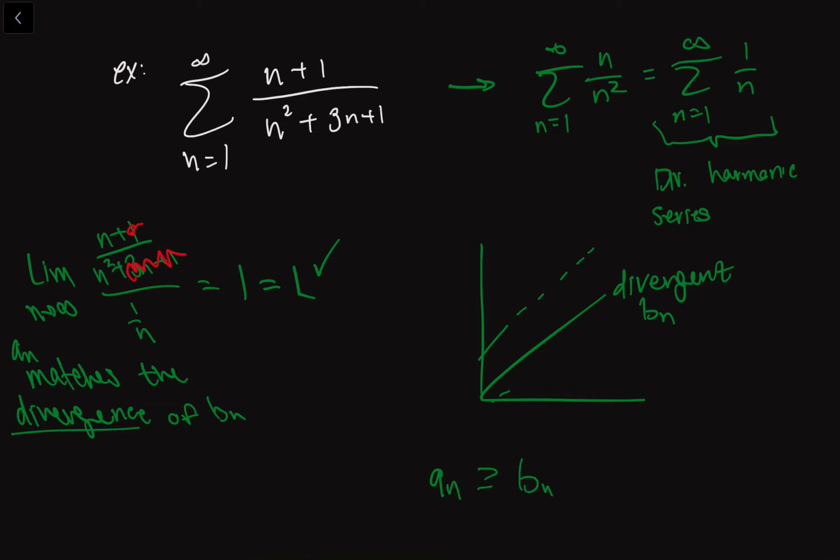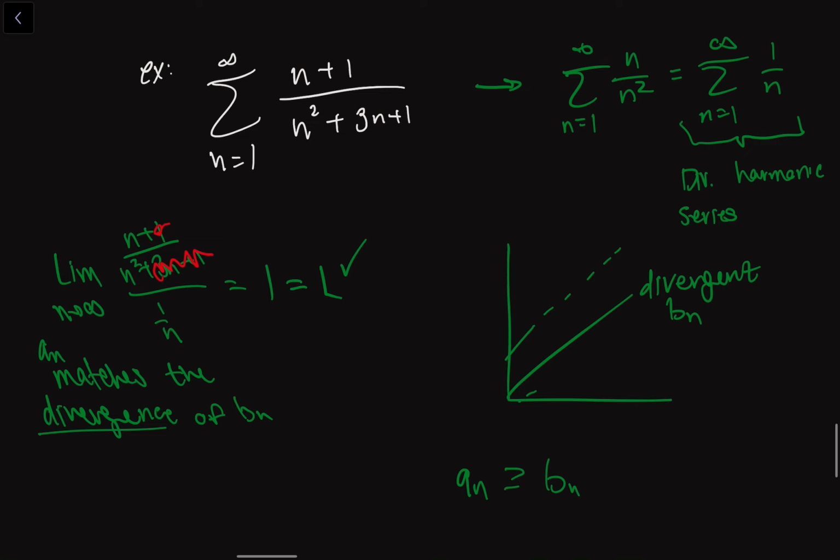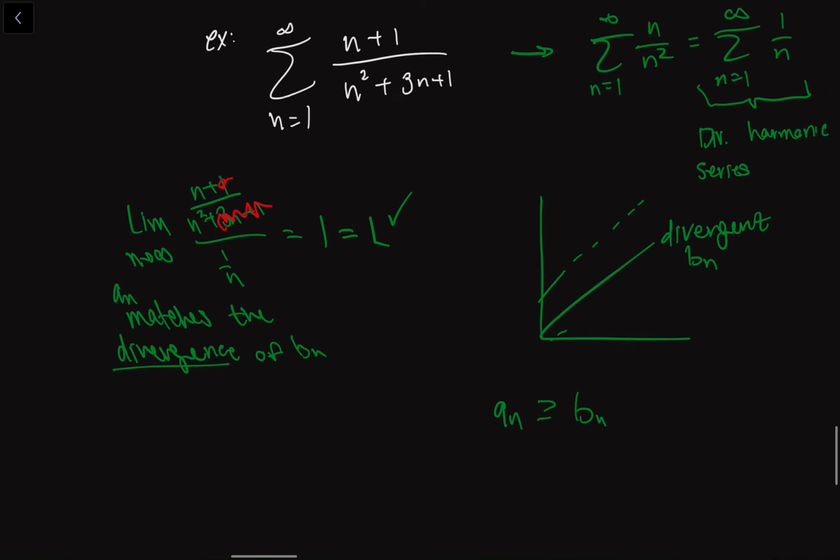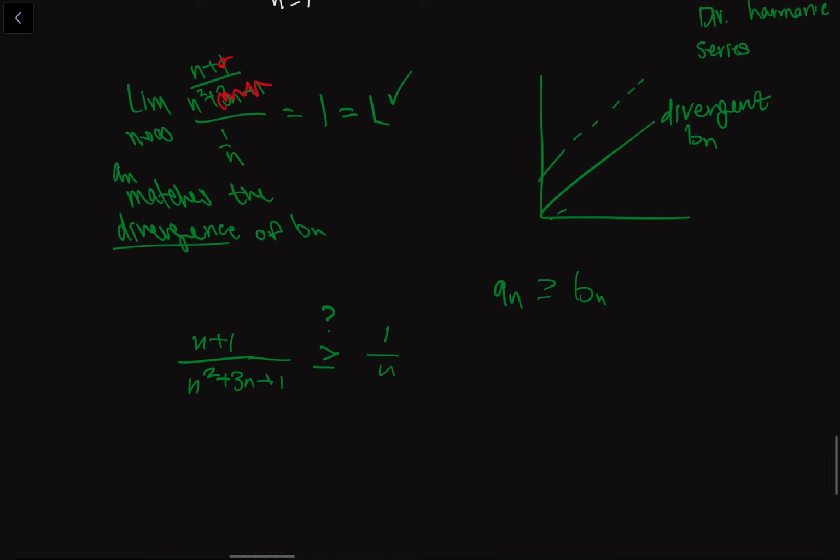Is it? There's a few ways to do this. N plus 1 over n squared plus 3n plus 1. We want this to be greater than or equal to, but we don't know yet, 1 over n. So one way I like to do it is look at 1 or 2. Let's look at what happens when we do 10 and then maybe 20.